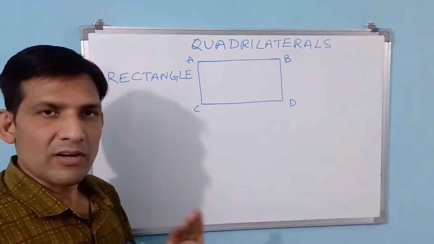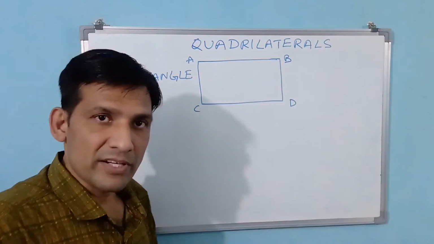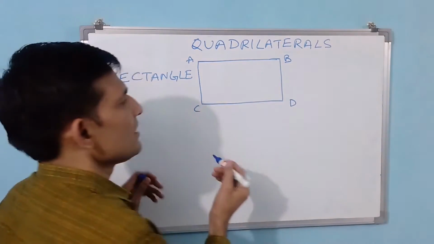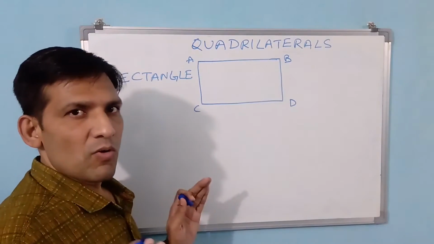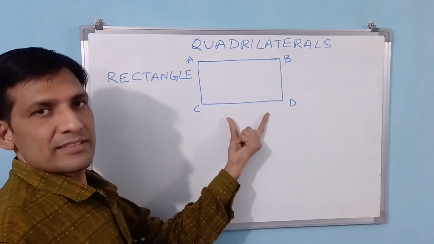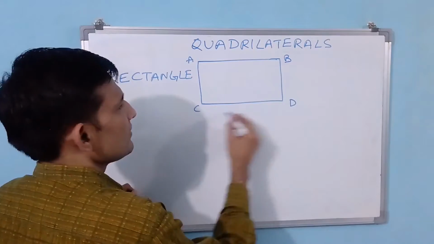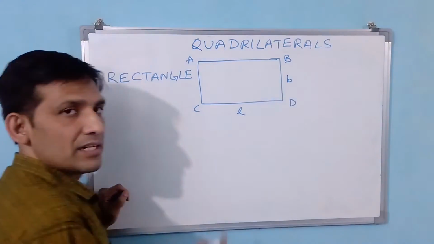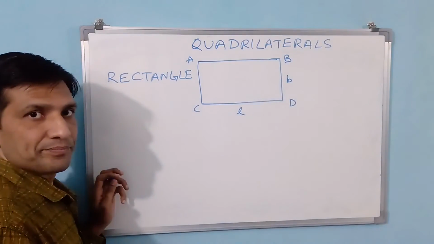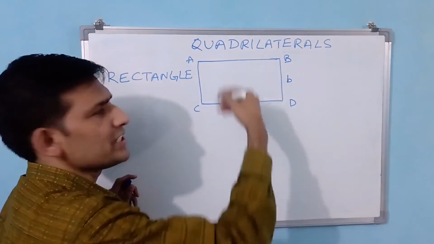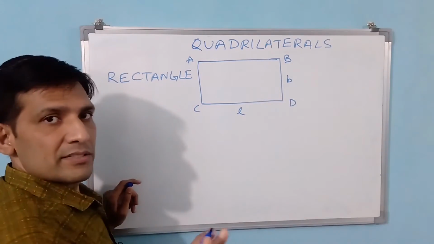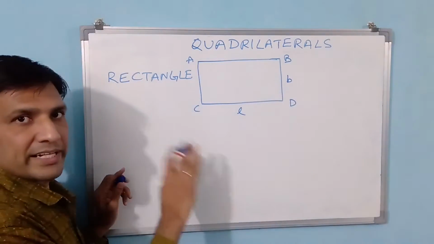Length and breadth are not equal. If length and breadth are equal, automatically it becomes a square, not a rectangle. Normally we take the largest side as length. Here CD is length, BD is breadth. Here also it is the same: 360 degrees inside and every angle is 90 degrees. That is all applicable for a rectangle also.